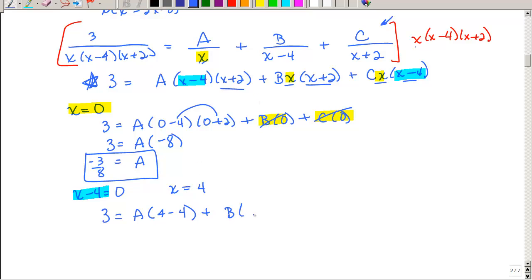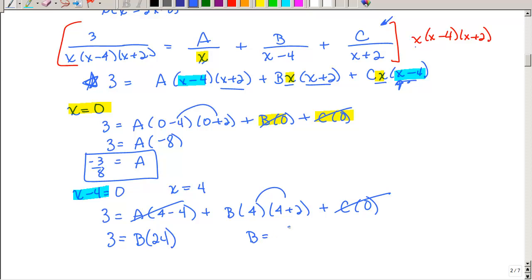So I have b times 4 plus 2 plus c, and that's going to be 0 because when I put in 4 right there, 4 minus 4 is going to be 0. So I have 0 here, 0 here. I have 3 equals b times, what is that, 4 times 6, which is 24. So b is going to be 3/24, so b is going to be 1/8.